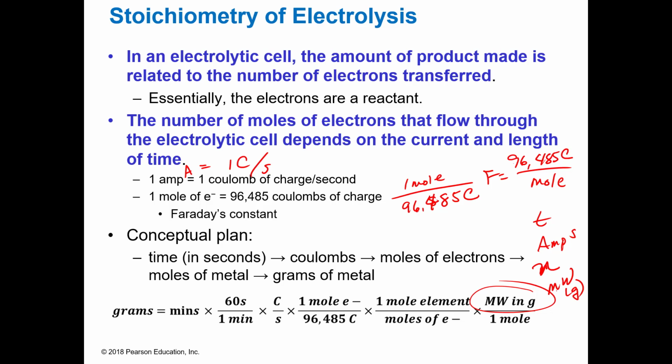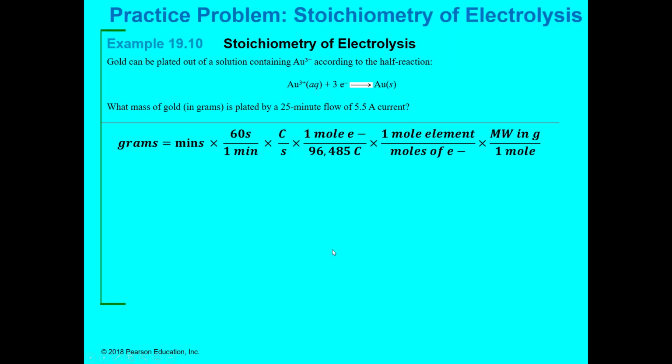So these are very simple, and I have that same thing written for you right here, so you can go by it. What mass of gold in grams is plated by a 25-minute flow at 5.5 amps?